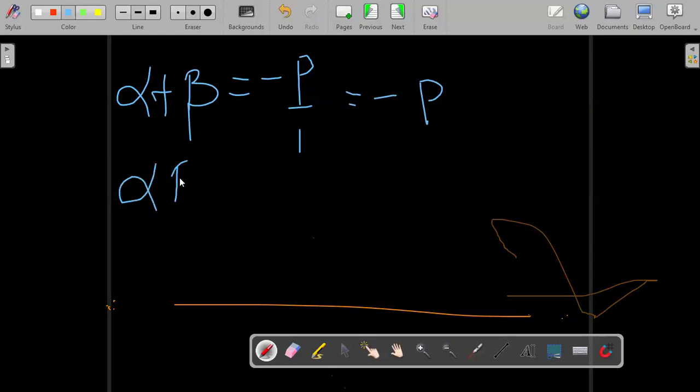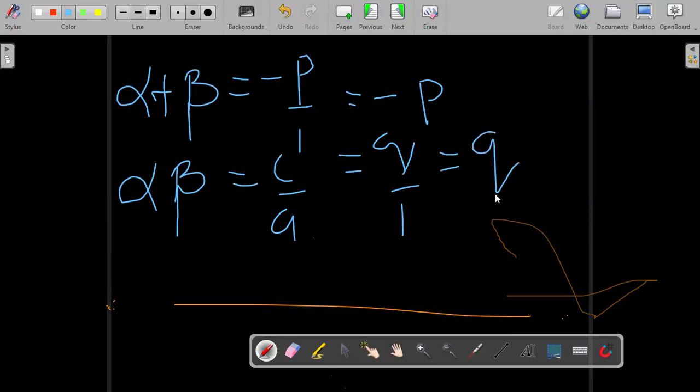While alpha beta is c over a, my c is q, my a is 1 also. The value is also q. And don't forget, they said p and q are the roots, which represents that my alpha is p, my beta is q.